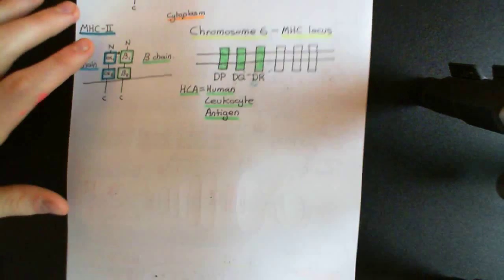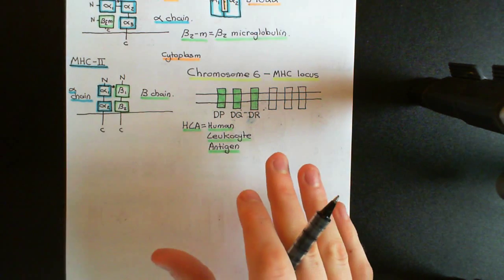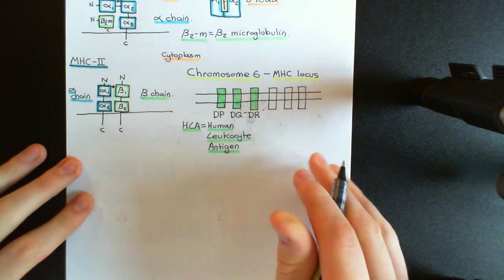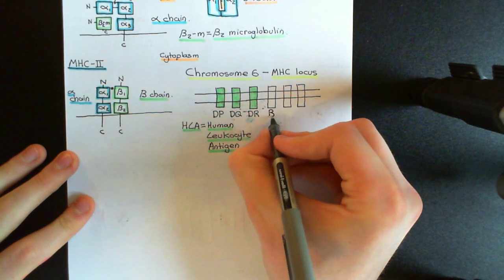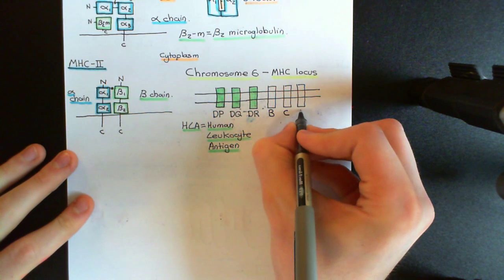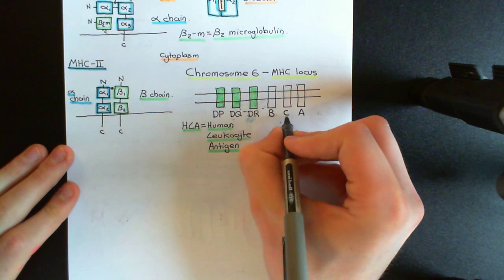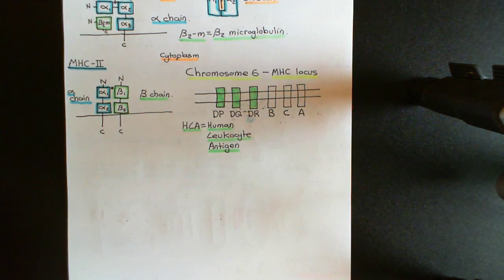Okay, right. So, different types of MHC class 2, and now it's the same story for MHC class 1, so we have 3 loci then for making MHC class 1 complexes as well. So this one is known as HLA-B, this one is known then as HLA-C, and this one is known as HLA-A. So you've got HLA-A, HLA-B, HLA-C, and then all of the HLA-Ds, which are the MHC class 2s.